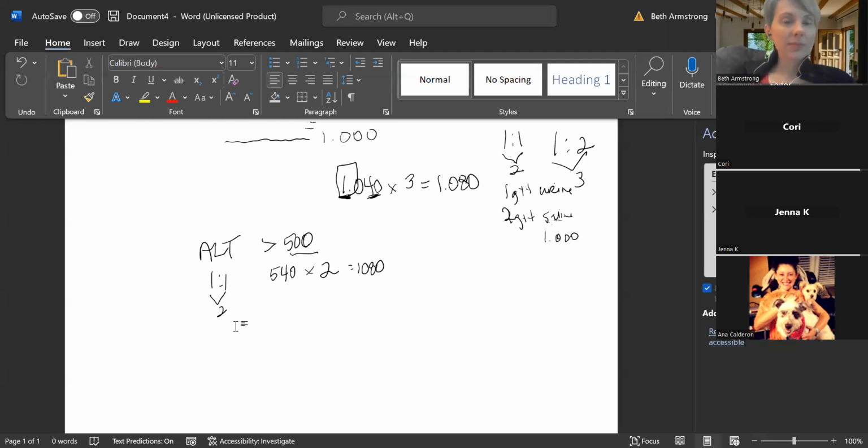For our BUN, what is it there for? What does it represent? I know it's the kidney. Okay, so it's a kidney function type of thing, right?